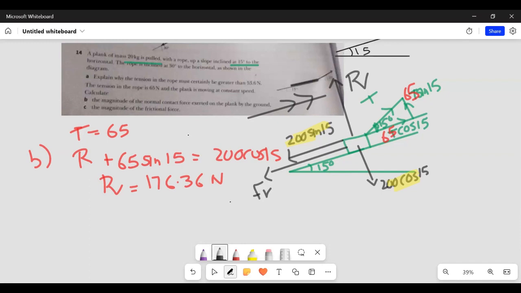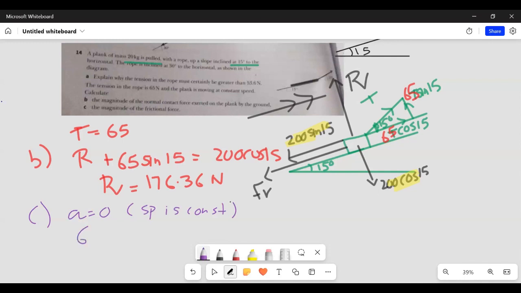Forward force is equals to backward force. Why not forward minus backward is equals to ma? Because it's at constant speed. Yes, exactly. Speed is constant. Acceleration is 0 since the speed is constant. Okay, so you use forward is equals to backwards.